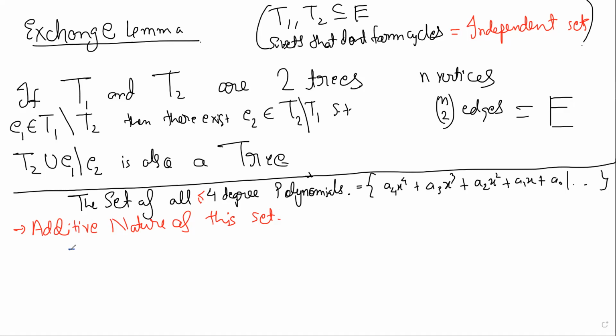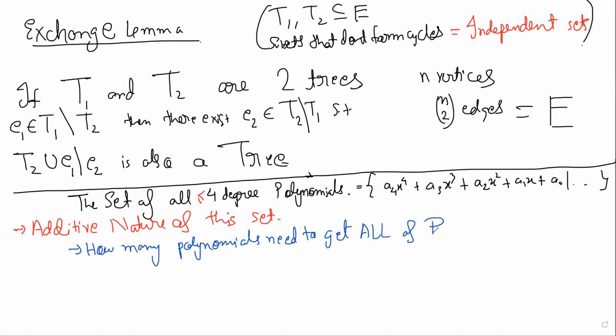That's a very simple question, but let me write it. How many polynomials are needed to get all of P? Let's call this P.